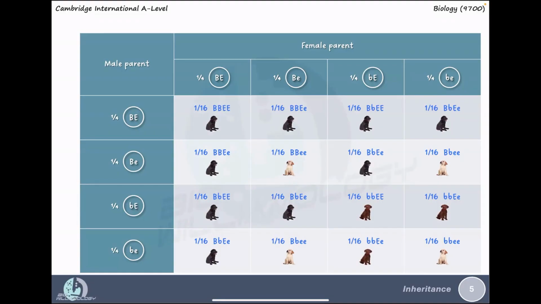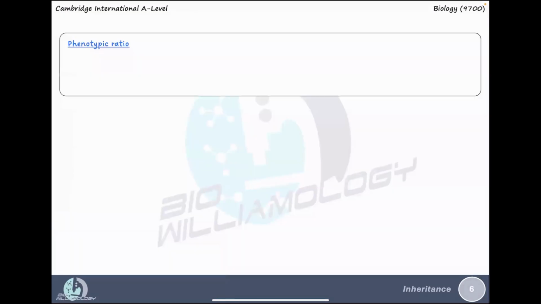This is the typical 9:3:4 ratio for epistasis. So let us look at the phenotypic ratio. Black fur to brown fur to yellow fur equals 9:3:4 in terms of the phenotypic ratio, no longer 9:3:3:1, as predicted by Mendel.